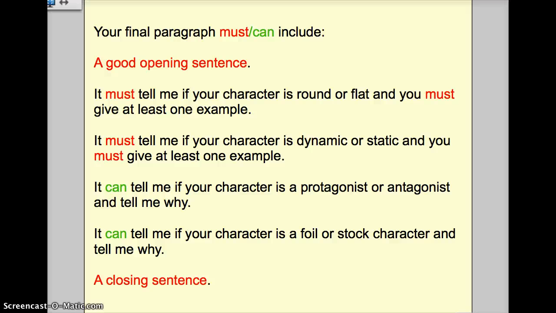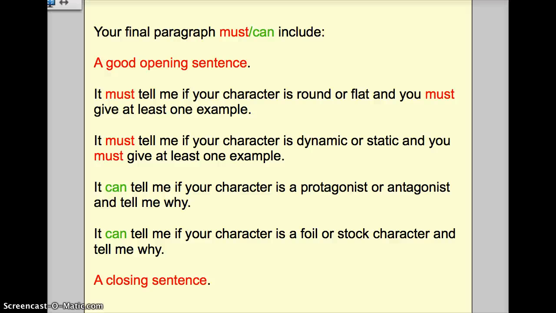Your final paragraph must or can include the following. And if you're looking at this screen, the musts are in red, the cans are in green. You must include a good opening sentence. You must tell me if your character is round or flat, and you must give at least one example.